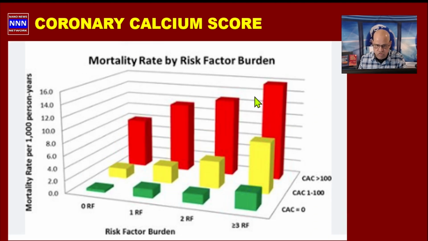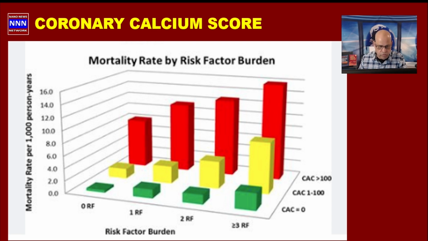And going back to this chart, mortality rate based upon risk factors. I told you calcium score is just one of the risk identifiers, but we have other risk factors which can tell us if we are dealing with a significant risk of having heart problems, namely hypertension, diabetes, obesity, high cholesterol, and family history.